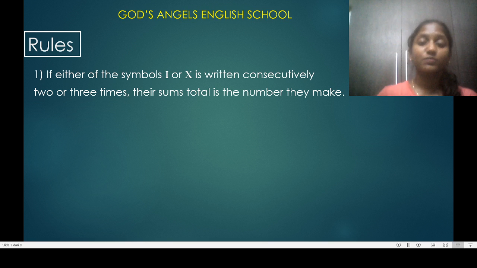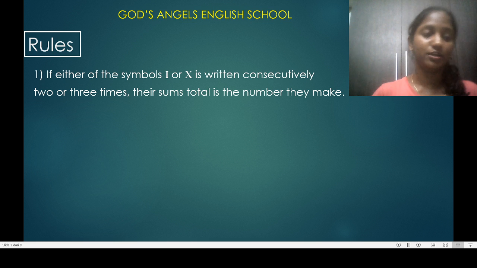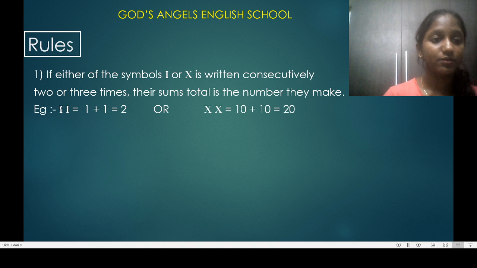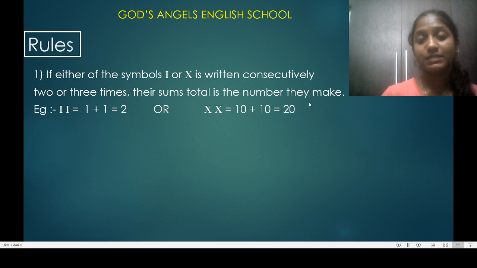If the Roman numeral I, which is 1, is written two times, in this way, repeated two times, so their sum is the number they make.